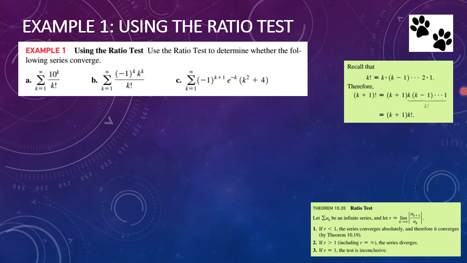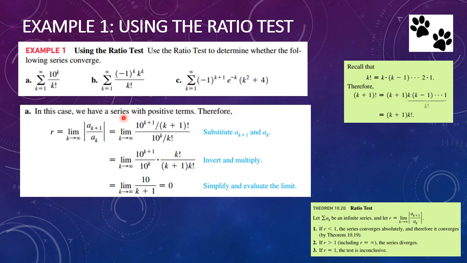And these can be helpful in rewriting the limit of a sub k plus 1 over a sub k, specifically so that we can eliminate similar terms that are in the numerator and denominator. So let's look at this first one, and I'll take you through that.